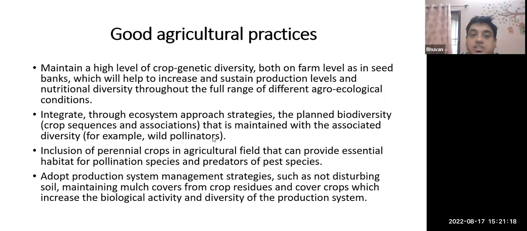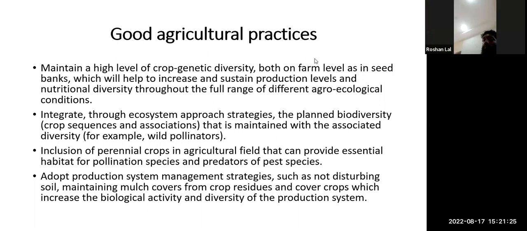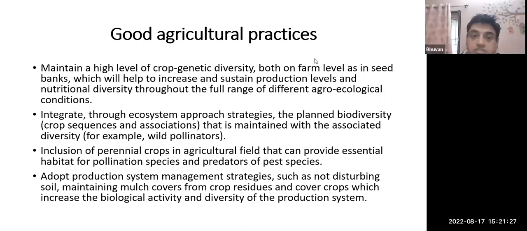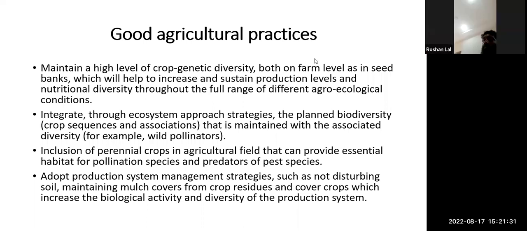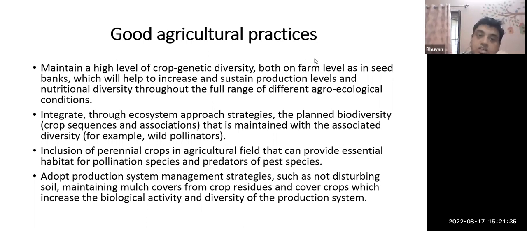Then we have integrating plant biodiversity through ecosystem approach strategies. Basically, with the ecosystem service approach, we integrate the agro biodiversity through plant biodiversity into our agro ecosystems. Next is the inclusion of perennial crops in the agriculture field. This is very important.